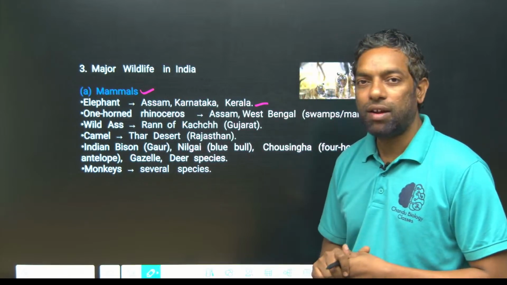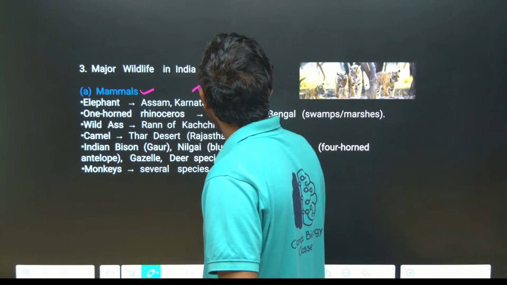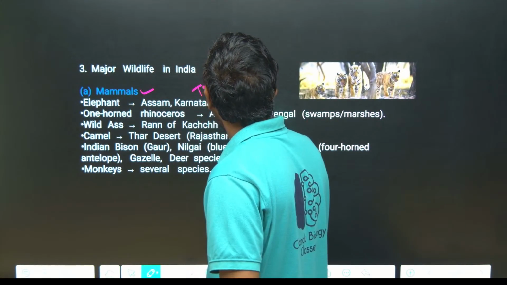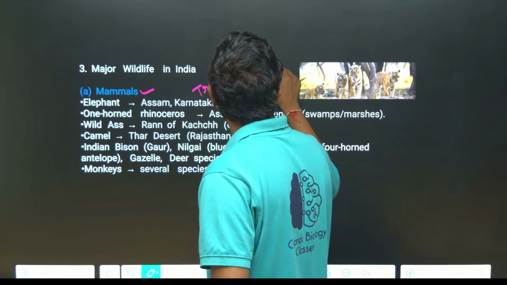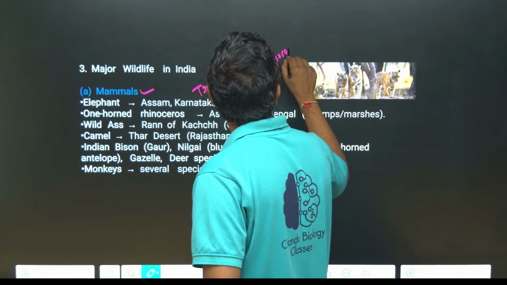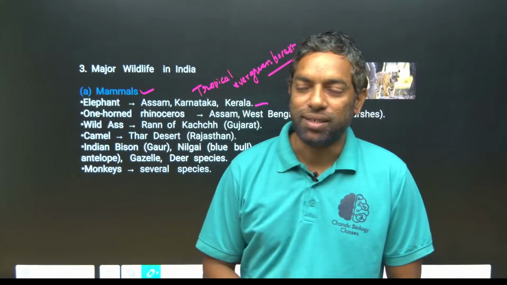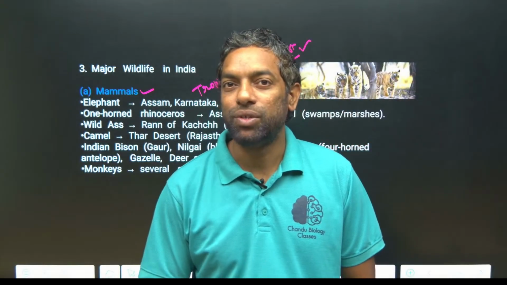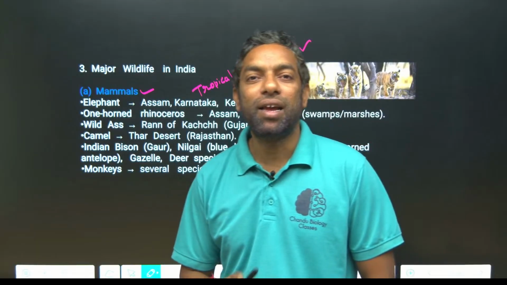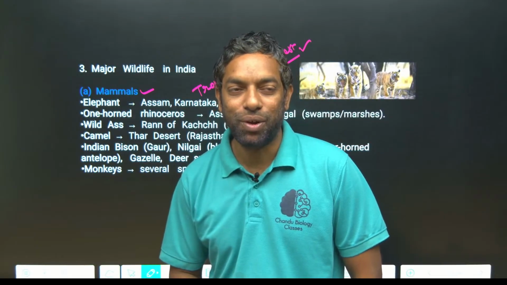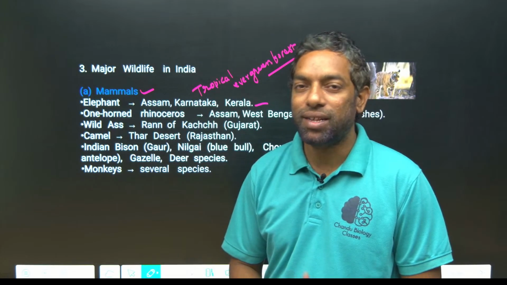Elephants are found in Assam, Karnataka, Kerala, in totally coastal tropical areas, mainly tropical evergreen forest. Did you observe that the Chola kings and Pandyans mainly used elephants in their wars, because elephant availability is higher in South India?